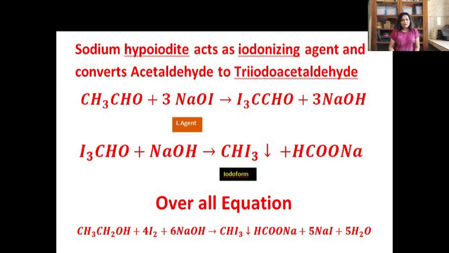It will itself undergo reduction by removing its oxygen, and that oxygen is provided to the ethyl alcohol, and from that ethyl alcohol it will remove the hydrogen, and that will result in the formation of acetaldehyde. So ethyl alcohol's formula is CH3CH2OH.